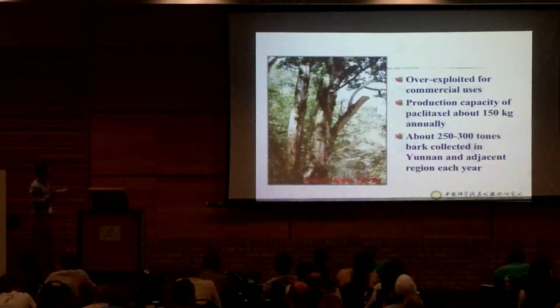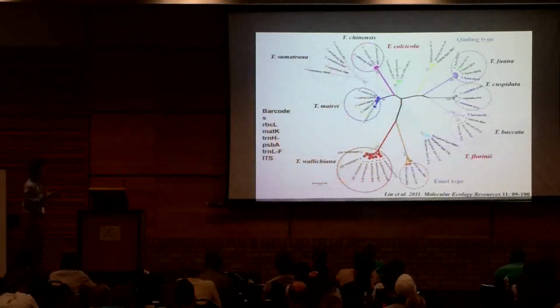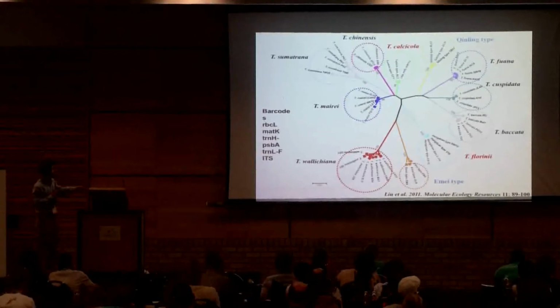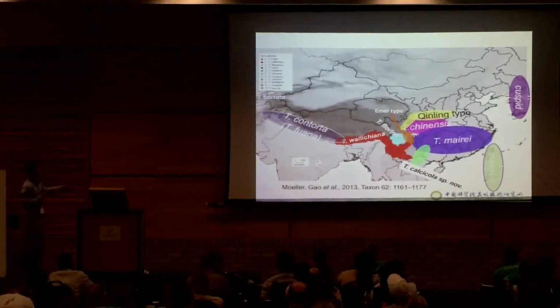So actually, this was a disaster for these plants because of the discovery of Taxol as an anti-cancer property. And so we spend a lot of effort to understand the cryptic species, and a species used to be called Florinia, and we actually used to be called 2 to 4 species, but actually it's 7 in China.